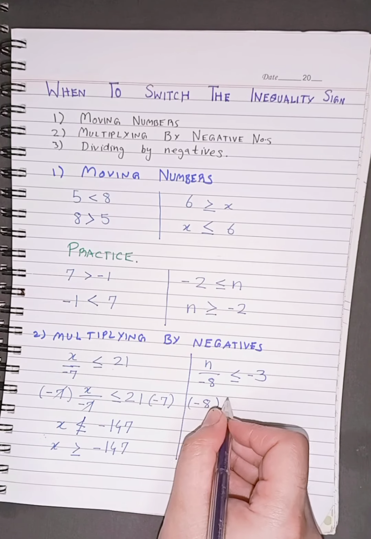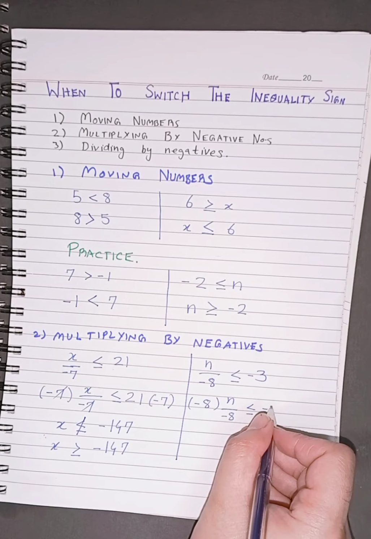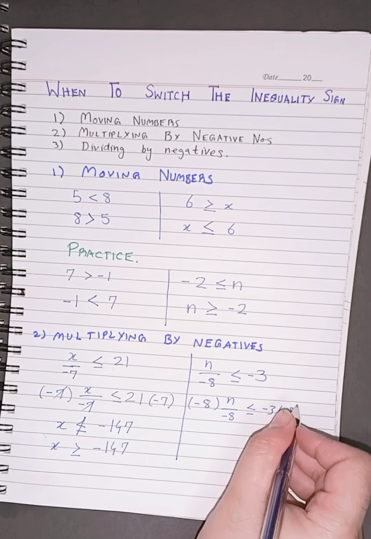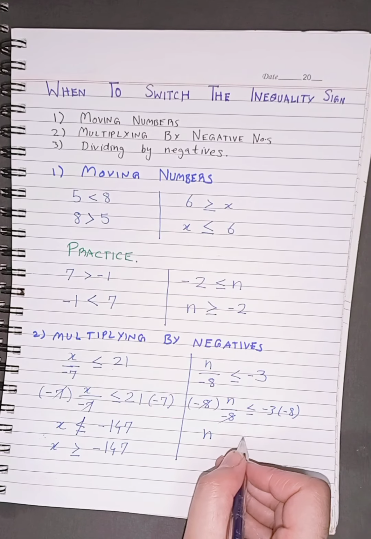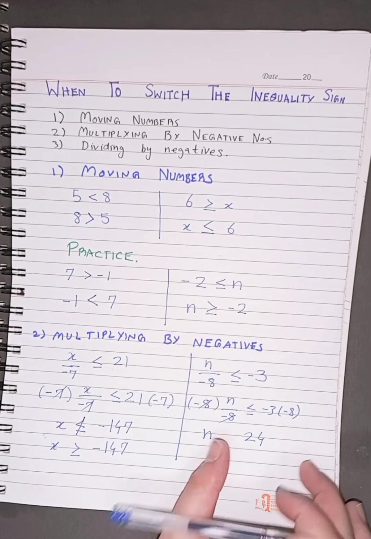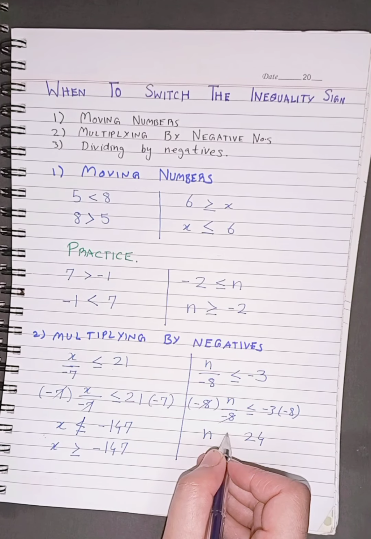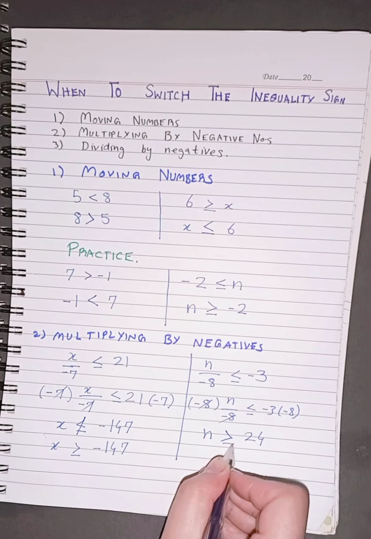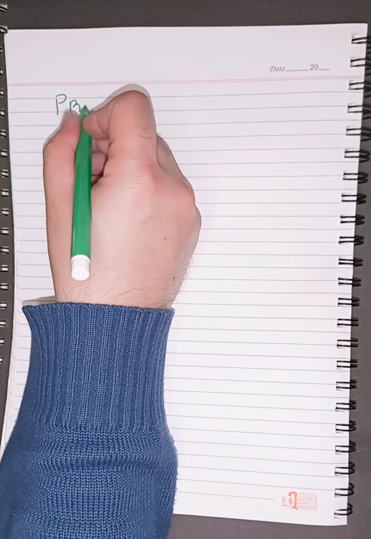Minus 8 times n over minus 8 less than equal to minus 3 into minus 8. Minus 8 cancelled out, and this is 24, and because it is multiplying by negative, the sign will be switched. So n, previously it was less than equal to, now it will change to greater than equal to 24. Now we will practice the second scenario.